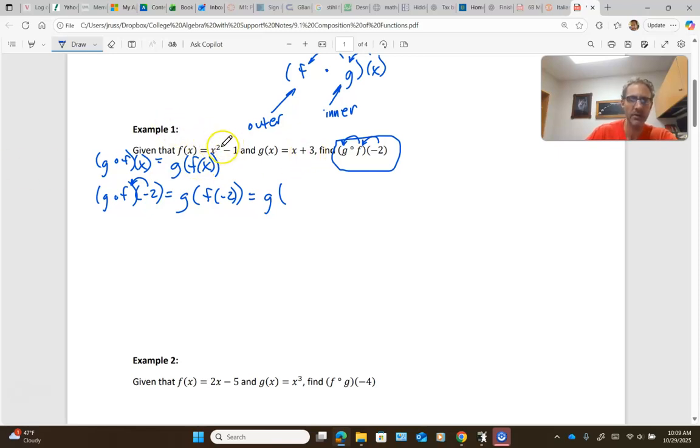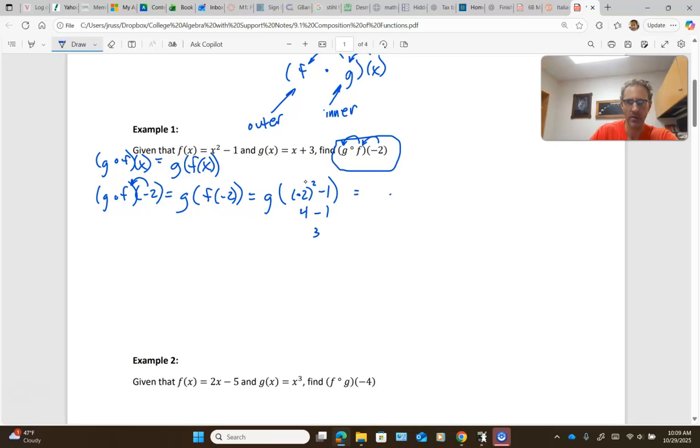So f here is this quadratic, and I'll have -2 squared minus 1. This gives me an output, and that output goes into g. Let's evaluate this. -2 squared is 4, and then 4 minus 1 is 3.